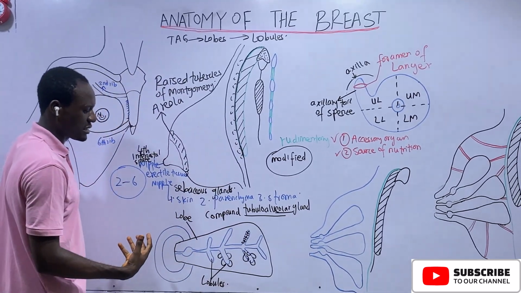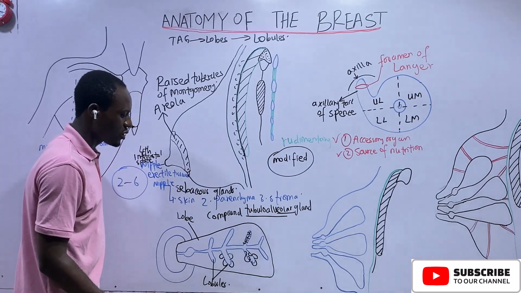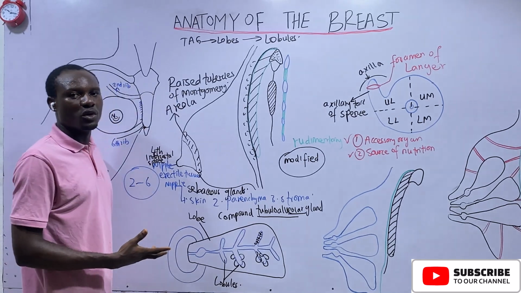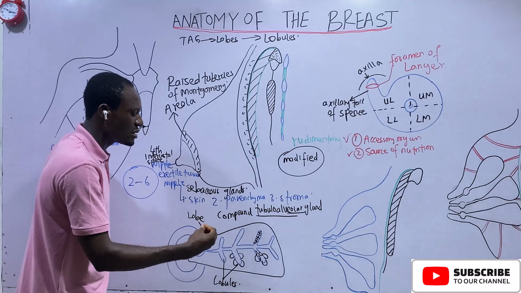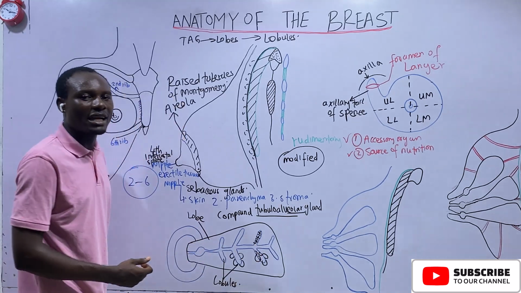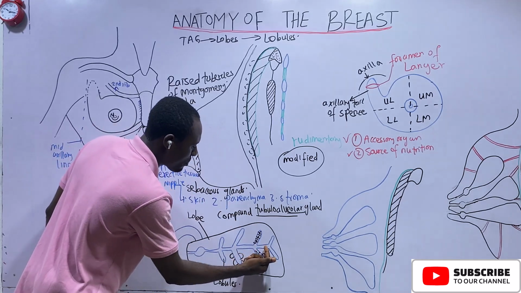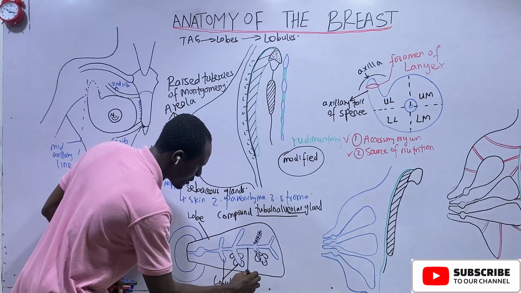The acini cells produce the milk, okay, and then they pass through smaller ducts and get into the lobules. So from the lobules, they get squeezed into the main duct, and that duct is called the lactiferous duct. So this right here is the lactiferous duct.